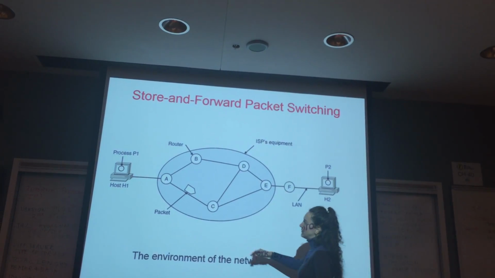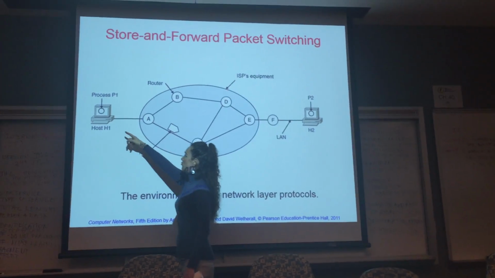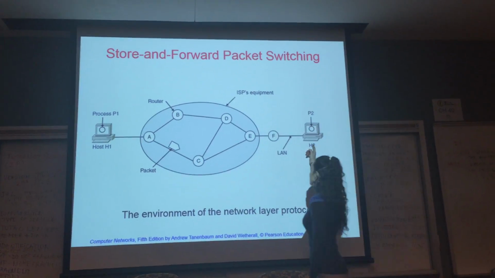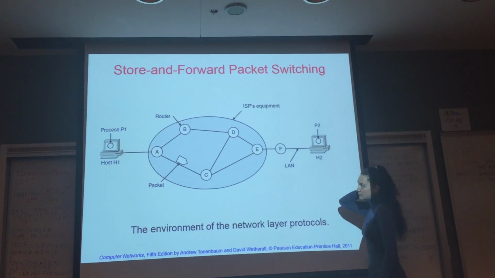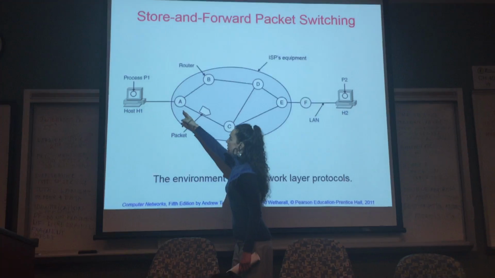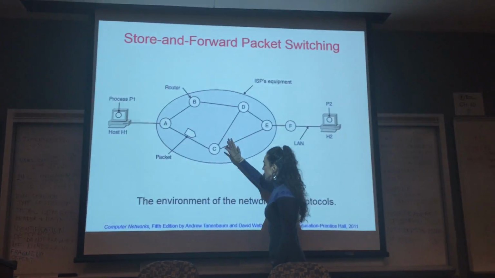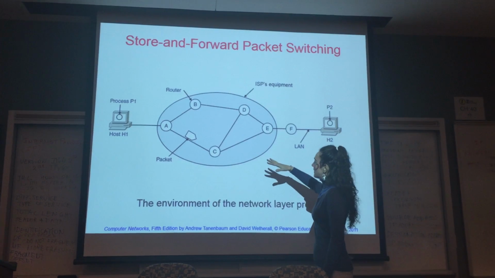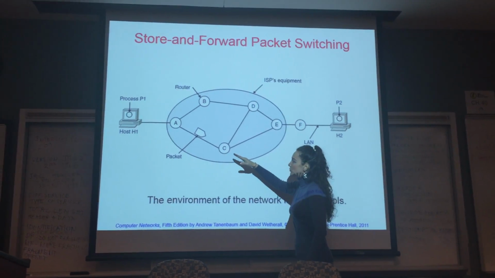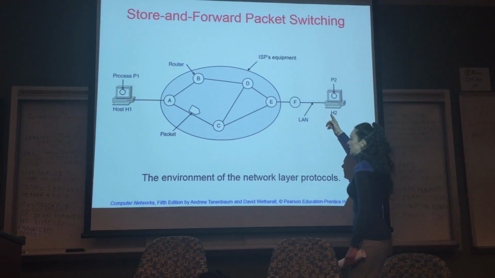So let's say this is a machine, host 1, which wants to send a packet to a machine, host 2. The packet starts by being forwarded to the nearest router, A. A looks up in its table and sees which direction this packet should go to in order to reach the destination.